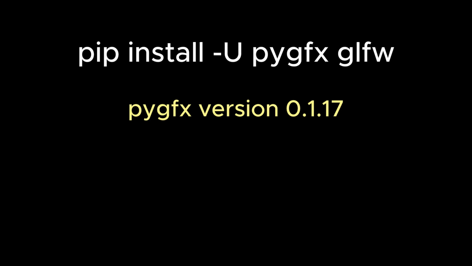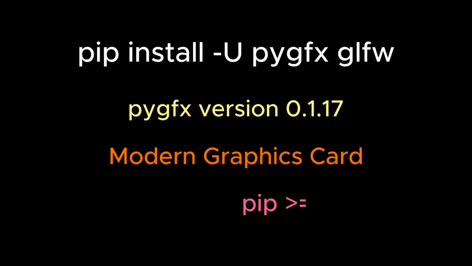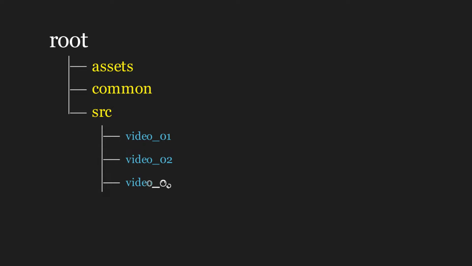Additionally, ensure that you have a modern graphics card and pip version 20.3 or later. In this video series, we'll organize our Python code with the following structure. First is the root directory containing 3 folders: Assets, Common, and SRC. The Assets folder consists of static files such as images, fonts, and model files.